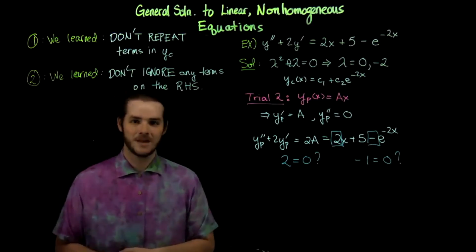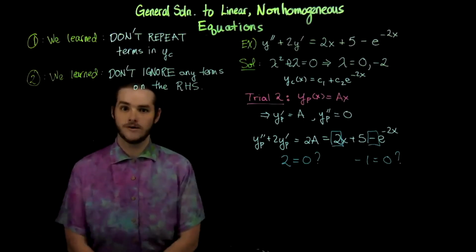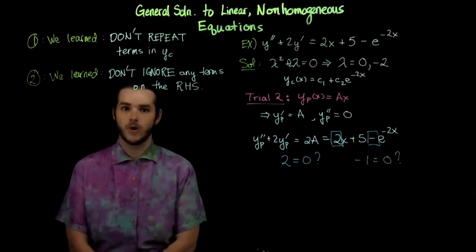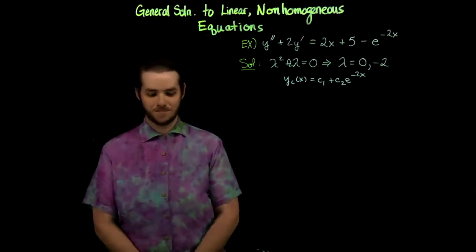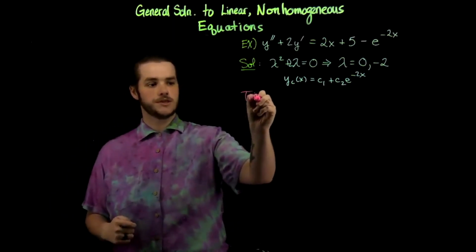Well, let's take some inspiration from what we saw in solving homogeneous equations when I had to repeat roots. Okay, third time's the charm. This time, let's heed both of those warnings we just saw.